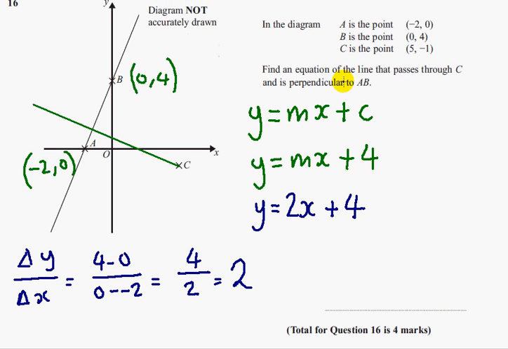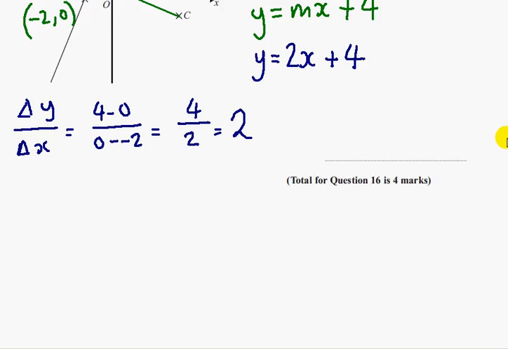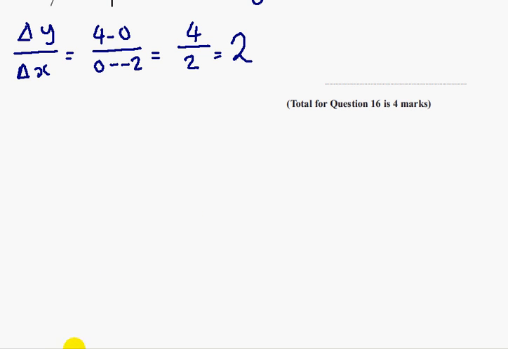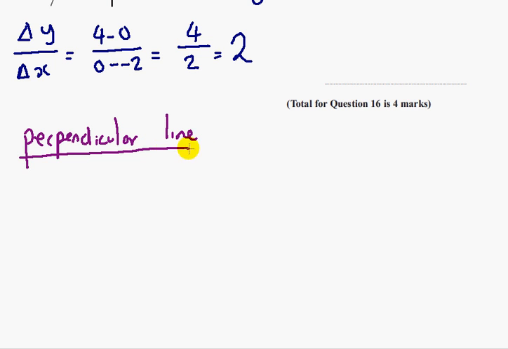Now a perpendicular line will have the gradient -1 over m. So the perpendicular line is going to have a gradient of -1 over m.